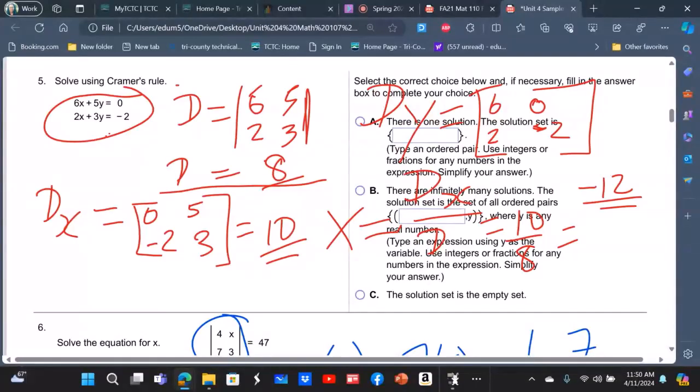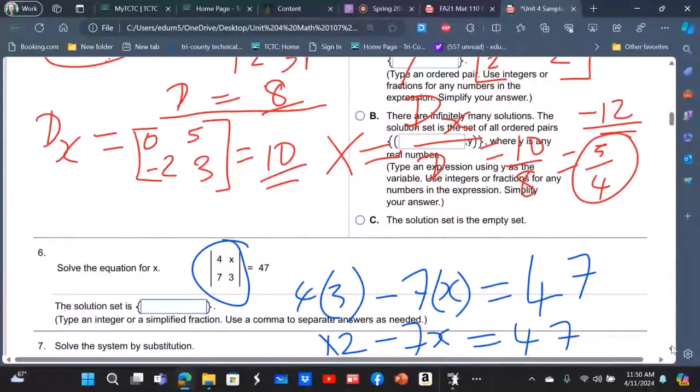So I have 5 over 4 here, or 1.25, depending on how you're told to leave your answer. You can leave your answer as 1.25. So the value of x is 1.25 or 5 over 4. And then if you're told to, of course, you have to find y. So dy, we know dy to be negative 12.